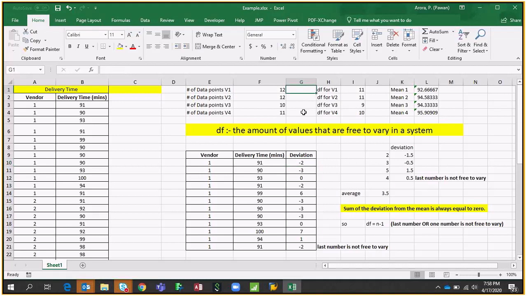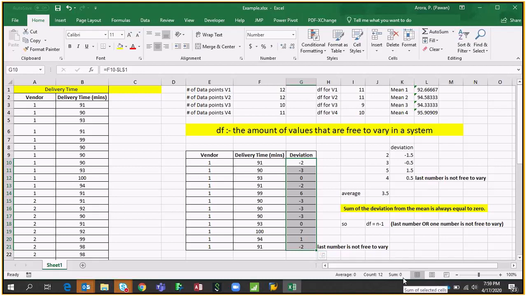You can see the average here in L1, 92.66. For each data point I have taken the deviation between that data point and the mean, and if I sum all these, it should be 0, and it is 0. You can see here, right?